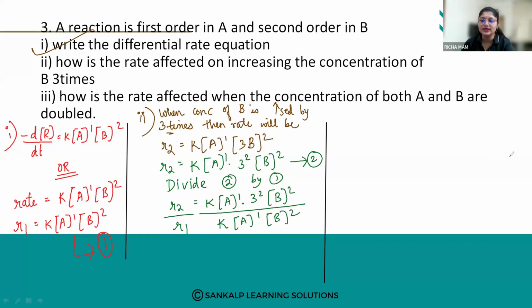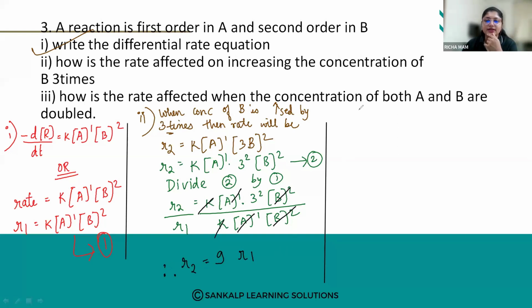K gets cancelled, A1 gets cancelled, B square gets cancelled. So R2 is equal to 3 square, which is 9, into R1. So if the concentration of B is increased by 3 times, the rate will be 9 times R1. It will increase by 9 times.